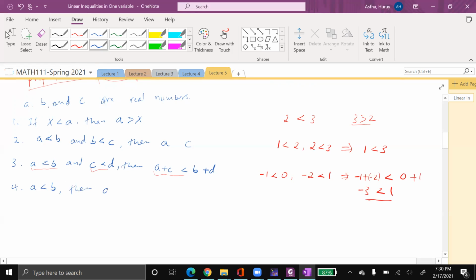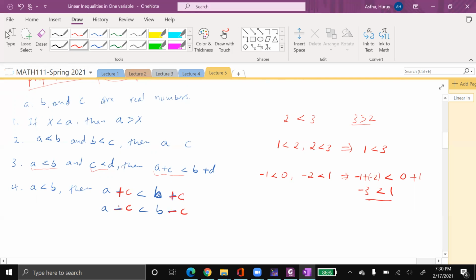Then A plus, add some number here, well, let's call that number C, is smaller than B plus C. And also A minus C is smaller than B minus C. Okay.